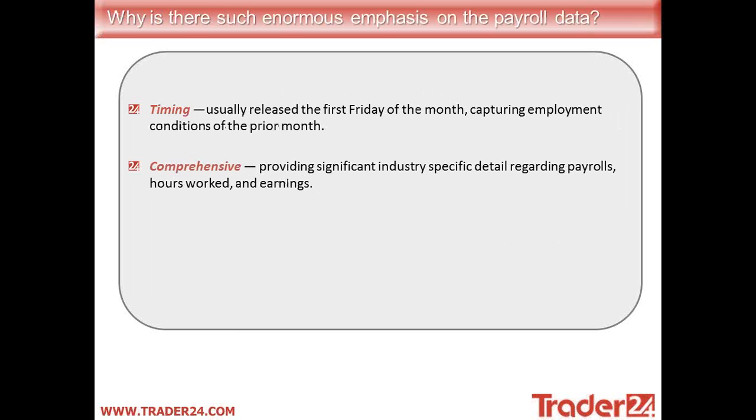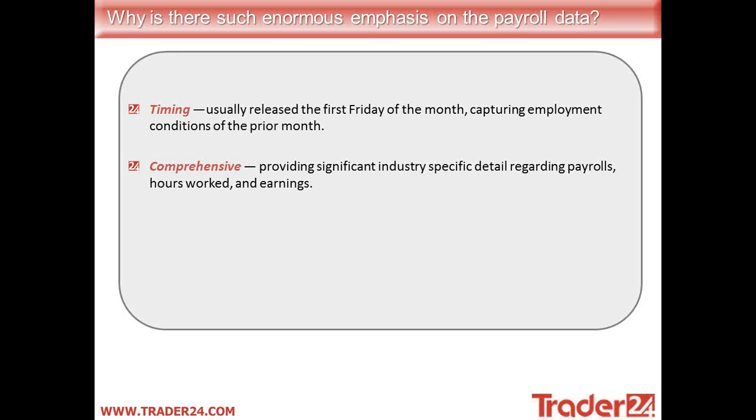Why is there such enormous emphasis on the payroll data? Two main reasons. The first is timing. It is usually released on the first Friday of the month, capturing employment conditions of the prior month. So on Friday the 2nd of August, that's going to be July's NFP data.